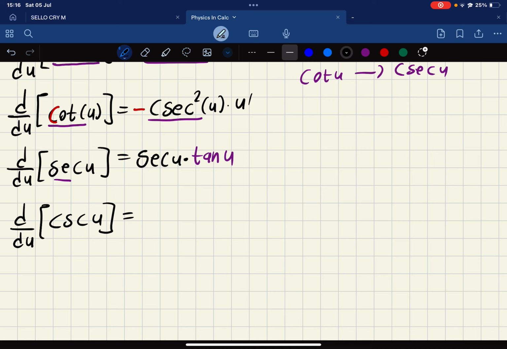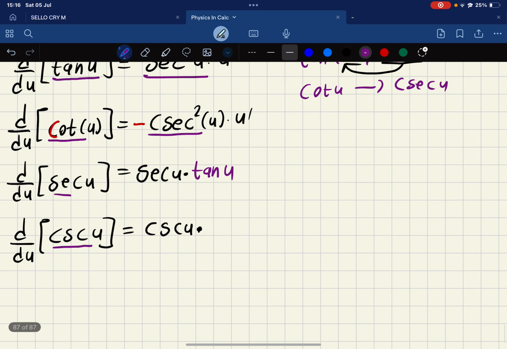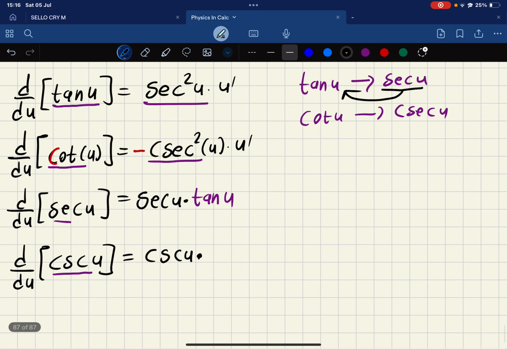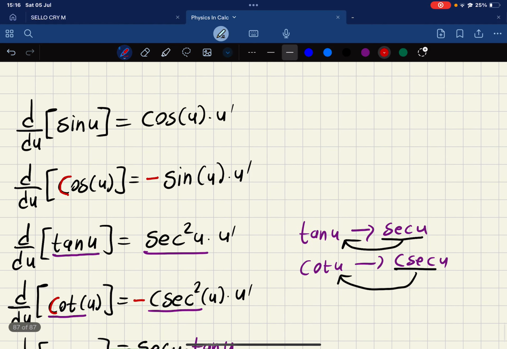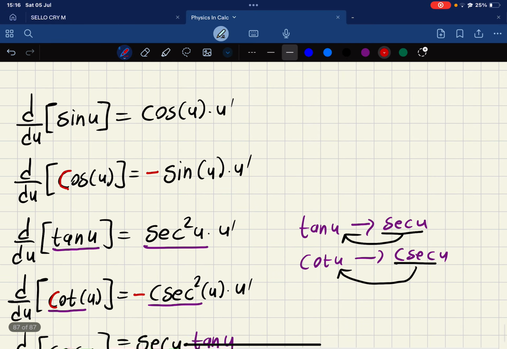The derivative of cosec u is going to be cosec u by itself multiplied by its member. The member of cosec u is cot u. Remember, this thing started with the letter C, meaning it's going to be negative. That's how you derive trig functions.